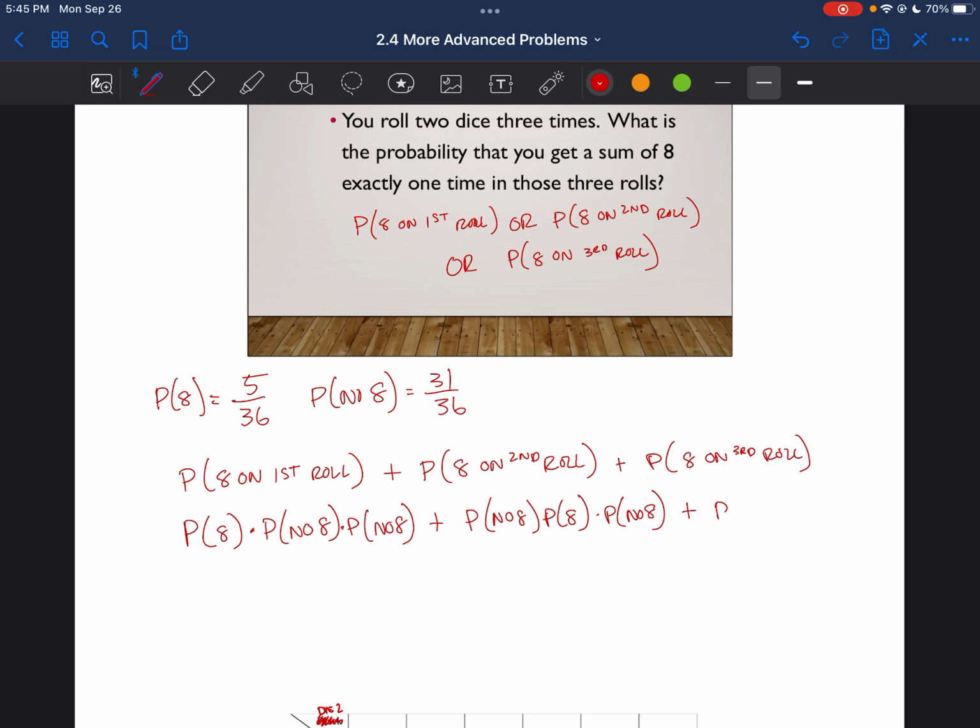And then the last way that I could roll exactly 1 8 is to not get an 8 on the first one, to not get an 8 on the second one, but to get an 8 on the 3rd one. So we can go ahead and add all of these together.